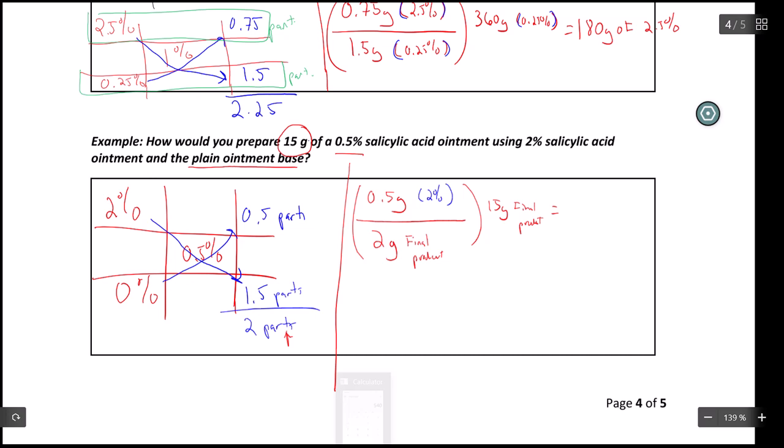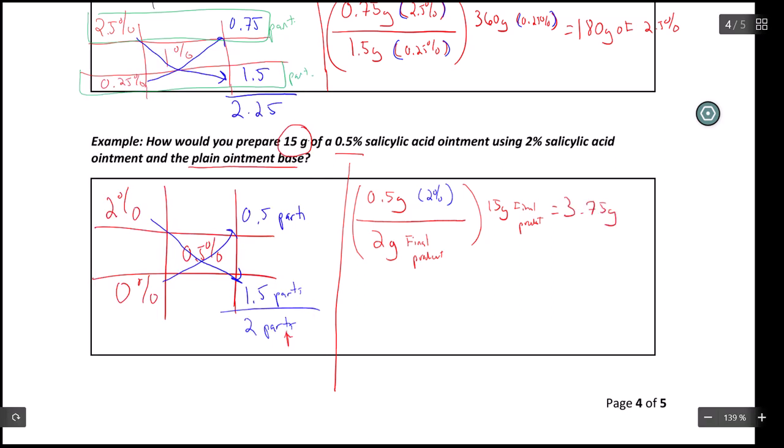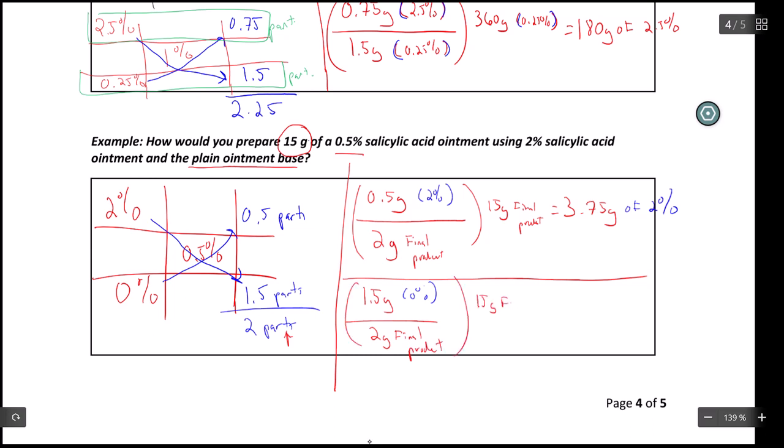Well, again, we take our 0.5 divided by 2 times the 15. That gives us 3.75. Now, this is 3.75 grams of the 2%. But how much plain ointment base do I need to mix it with? Well, I do the same exact thing down here. This one is telling me that I need 1.5 grams of the 0% every time I want to have 2 grams of final product. We want to make 15 grams of the final product.